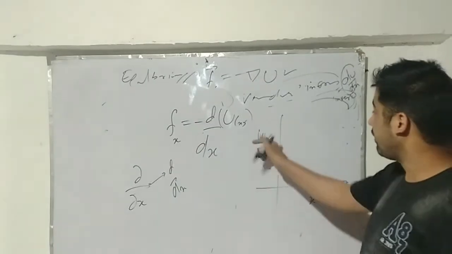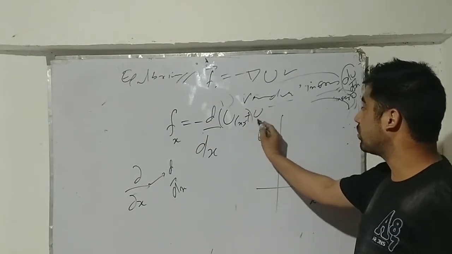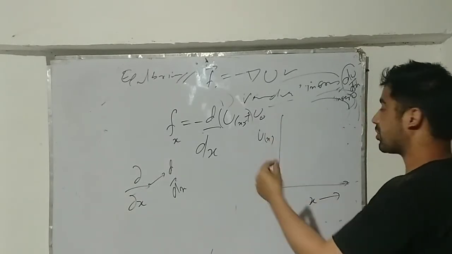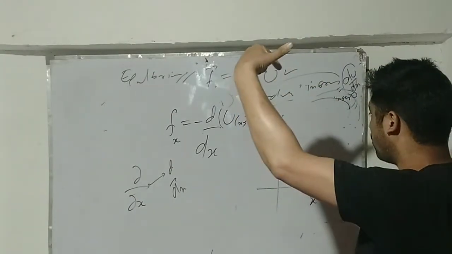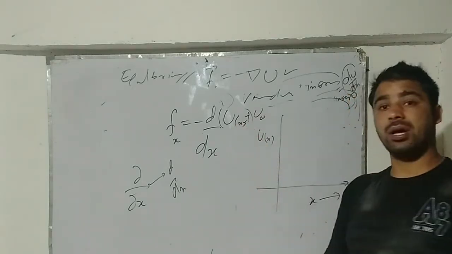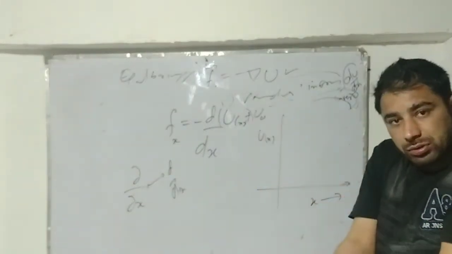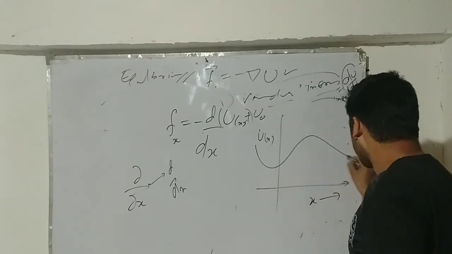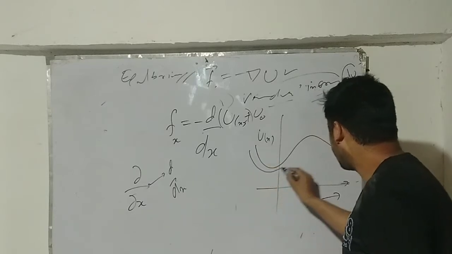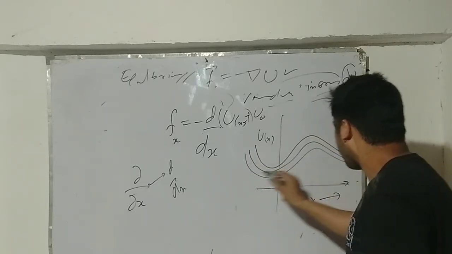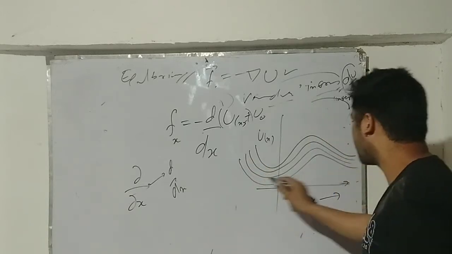If I add some constant to the potential energy, it will move my potential energy curve up. If I subtract some constant, it will move the potential energy curve down. This way, we may have an infinite number of such curves, a family of lines here.